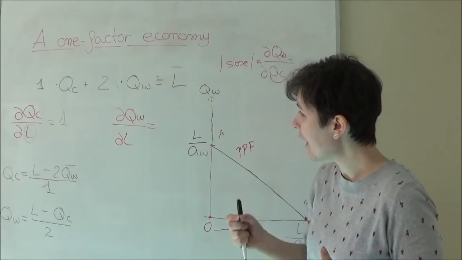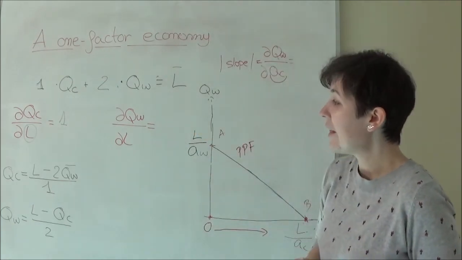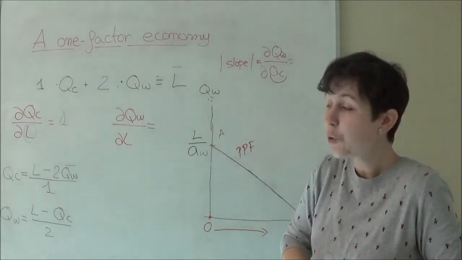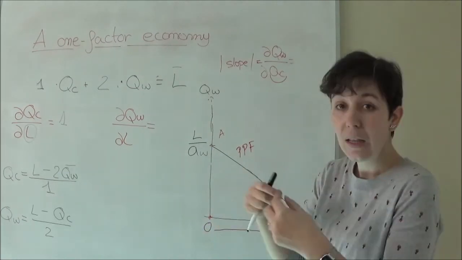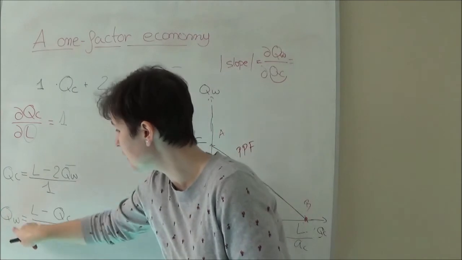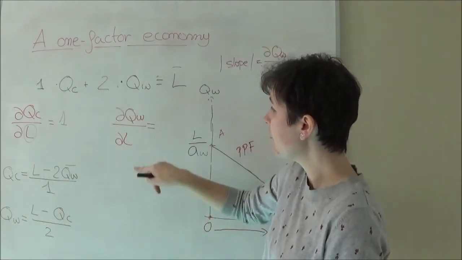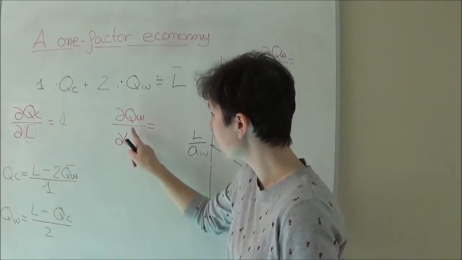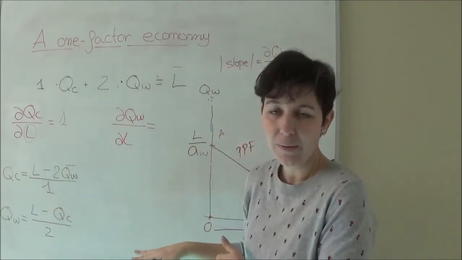Now let's do the same thing, but considering the wine industry with respect to the labor that you introduce in that industry. So we need to isolate these terms. Now we can do the derivative because we have this variable in terms of this variable and other variables, of course.